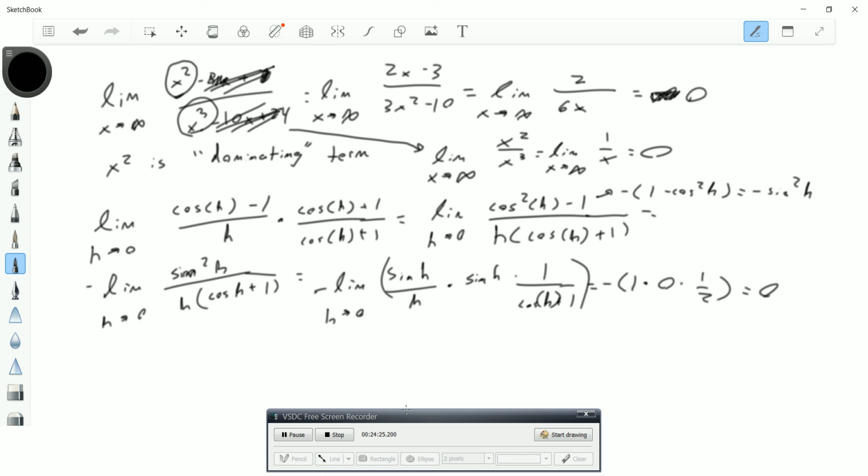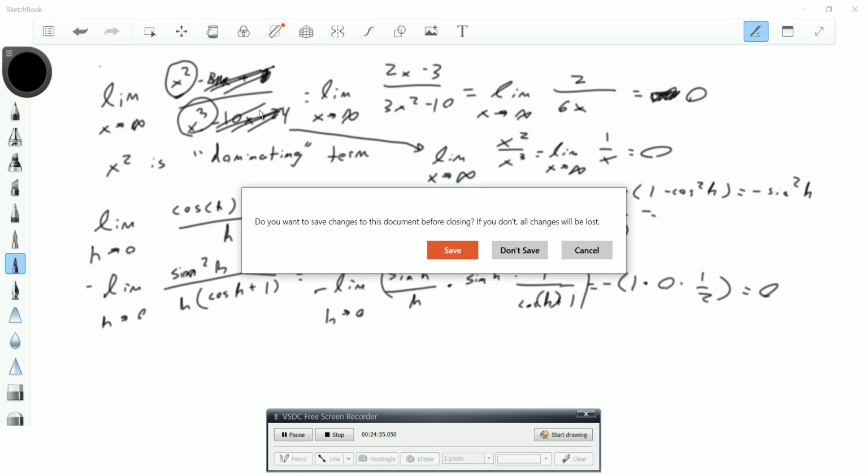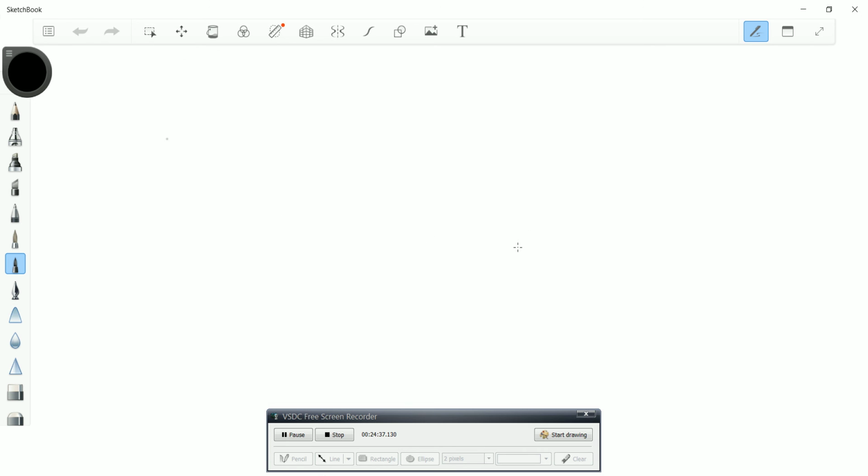And now you can use that to establish that the derivative of sine of theta is the cosine of theta. A way you can do that is you can say the derivative of sine, let's use x.